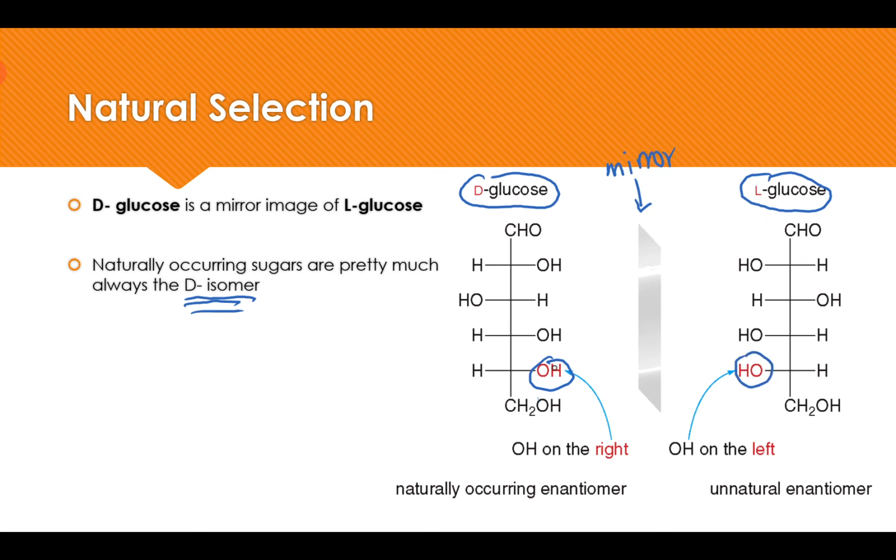Not just the location of this, but all locations are flipped. So the mirror reflects not just that bottom one, but the whole molecule gets flipped in the mirror in order to make L-glucose.